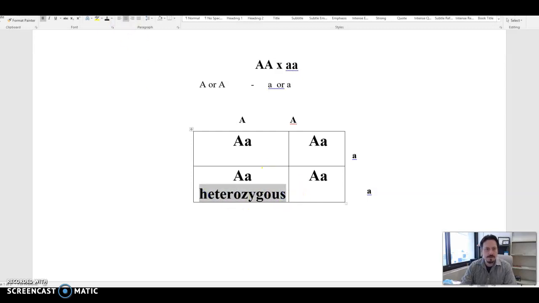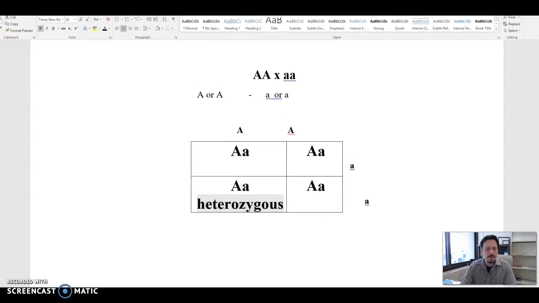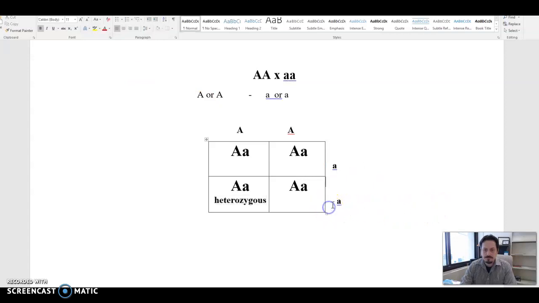That's really large, so we are going to change the size to 12. Heterozygous.